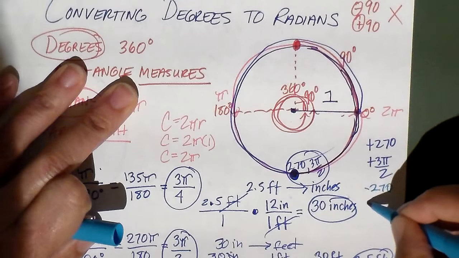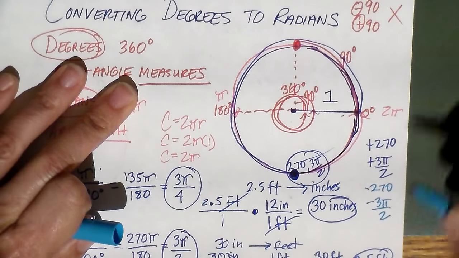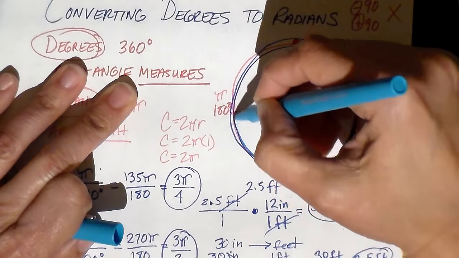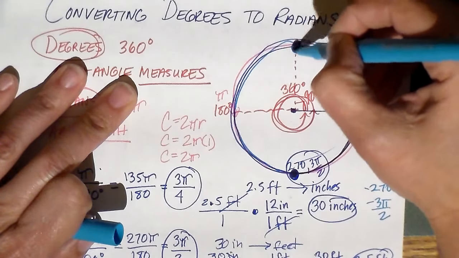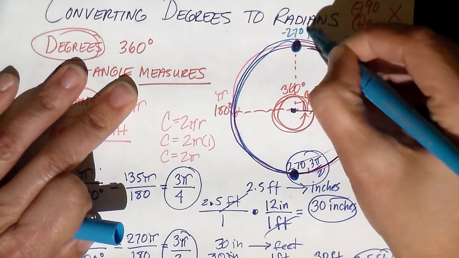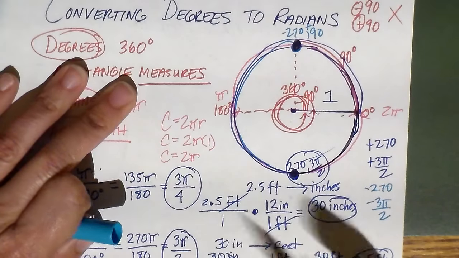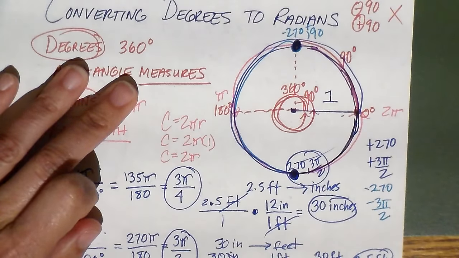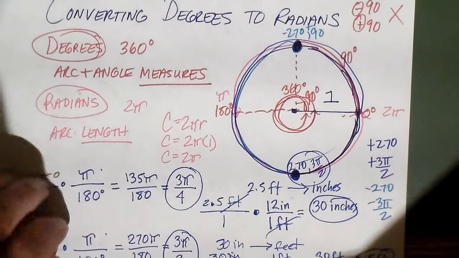Now I want to do negative 270 or negative 3 pi over 2. So instead of going positive, I'm going to go 270 this way. 180, 270. That's negative 270, which is the same as what? Positive 90. So you can see that all the sign does is indicate direction, and that's how you convert from degrees to radians. You're welcome.